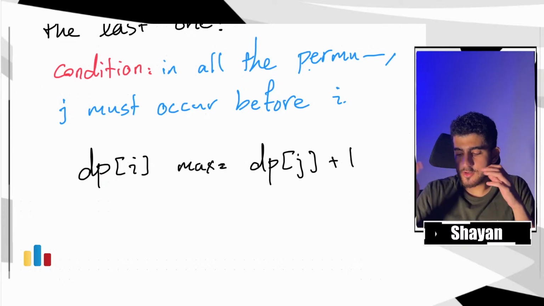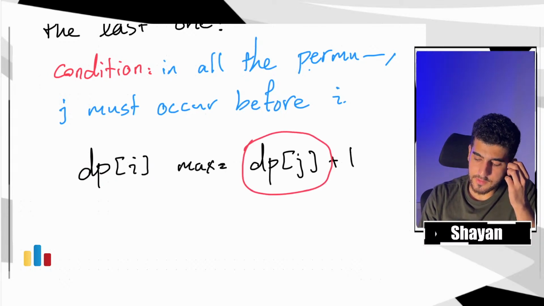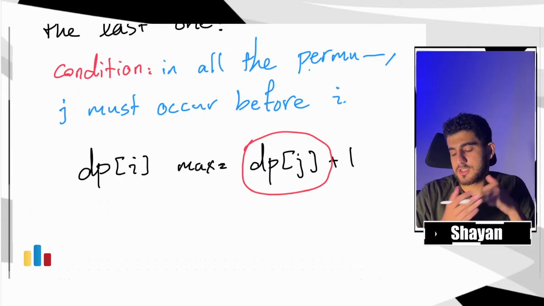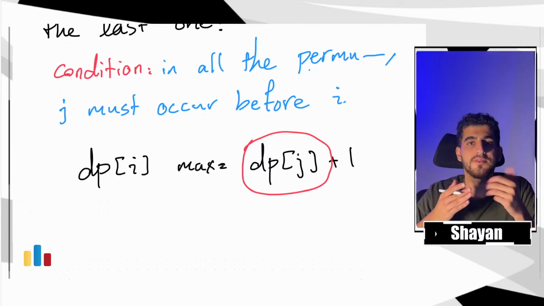So if I have calculated dp of j previously, then I can find dp of I, and I say dp of I max equal to dp of j plus 1.